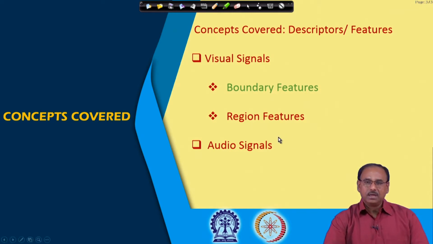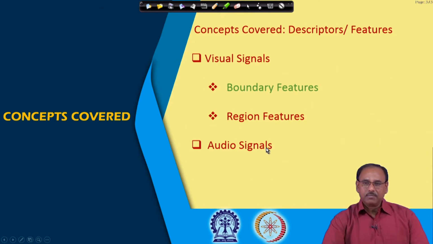In addition, as we said in the previous class, machine learning or deep learning is not necessarily concerned only with visual signals; it is also applicable for understanding audio signals.